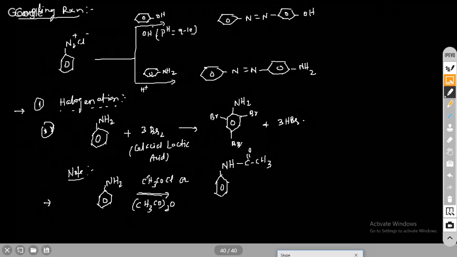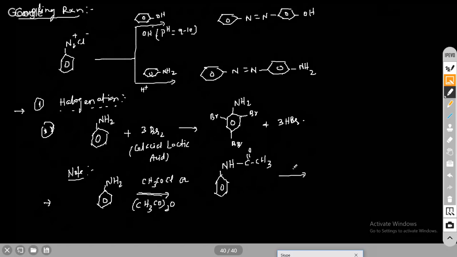If you use CH3COCl, then another product will be HCl. If you use the anhydride, then another product will be CH3COOH. Fine. Now, because of this C double bond O group here, an electron withdrawing group, the oxidation of this part is difficult. That is what we use to preserve NH2 from oxidation.